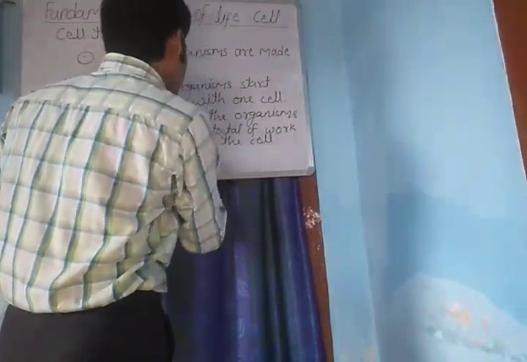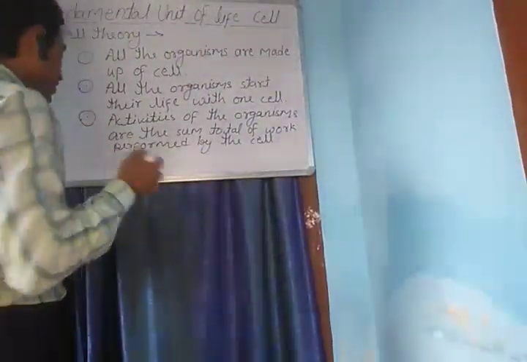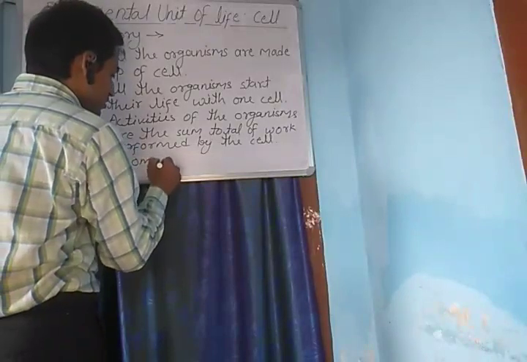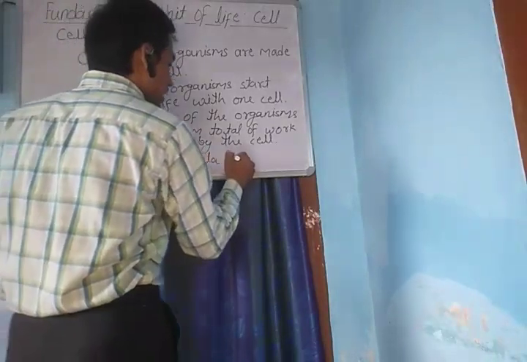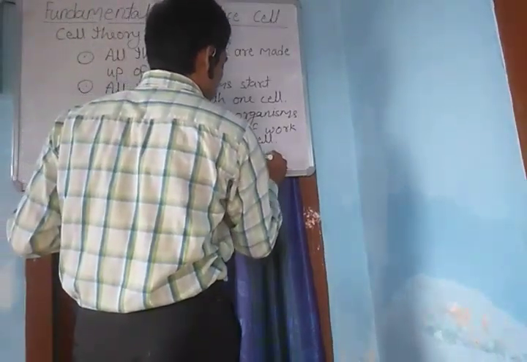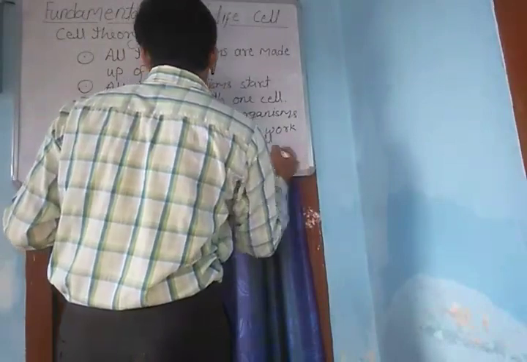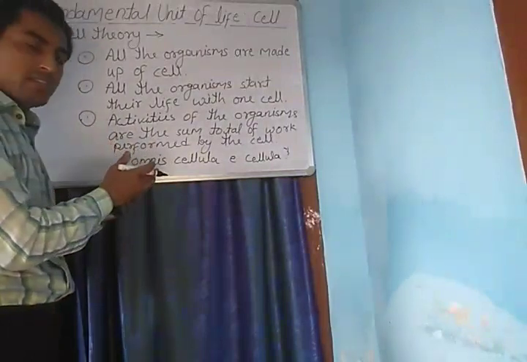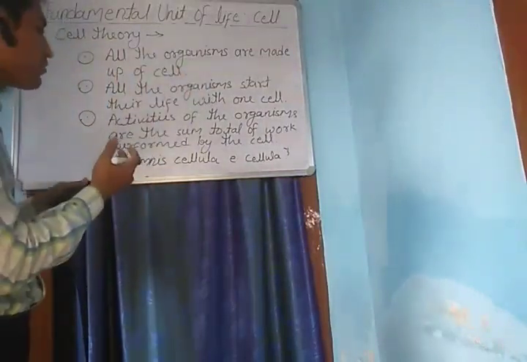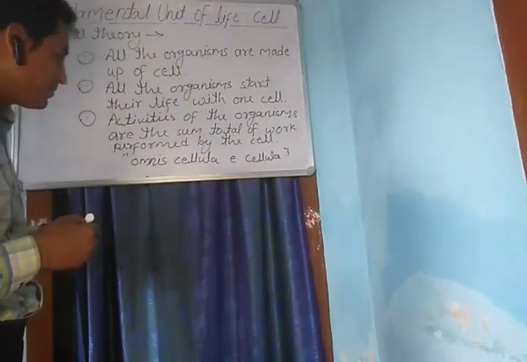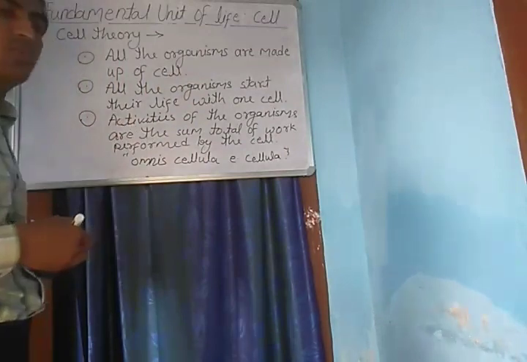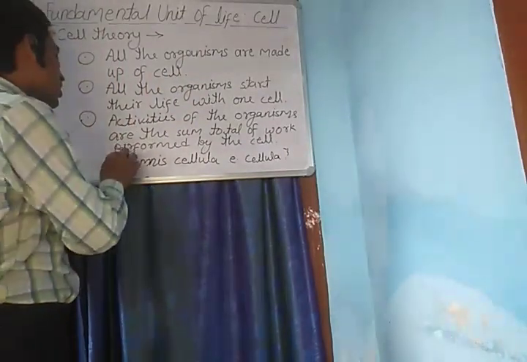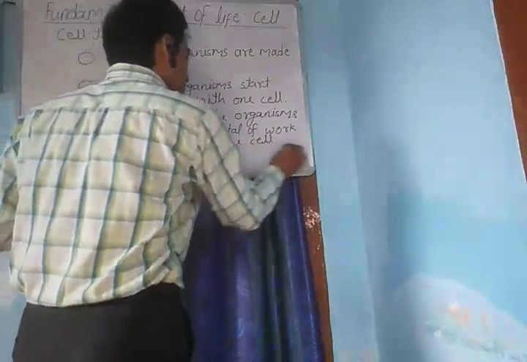And after that, a Latin statement, omnis cellula e cellula, was given by him. That means new cells are formed from the pre-existing cells. So he helped to expand the cell theory, and one statement was also added in it.